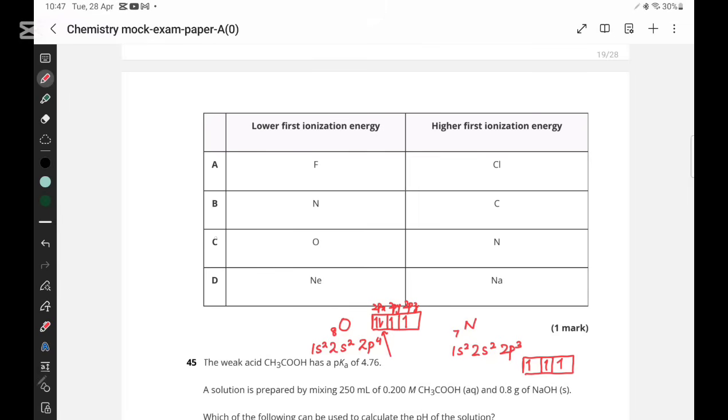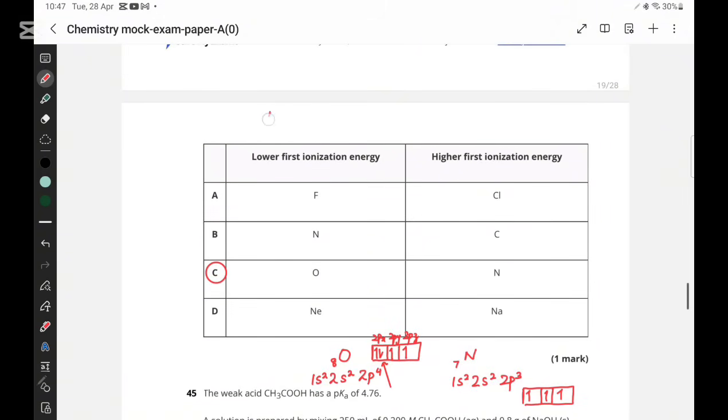So option C is going to be the right one. Also, we need to remember that ionization energy increases across a period and decreases down a group. If we apply this technique to everything, C comes out to be the right answer.